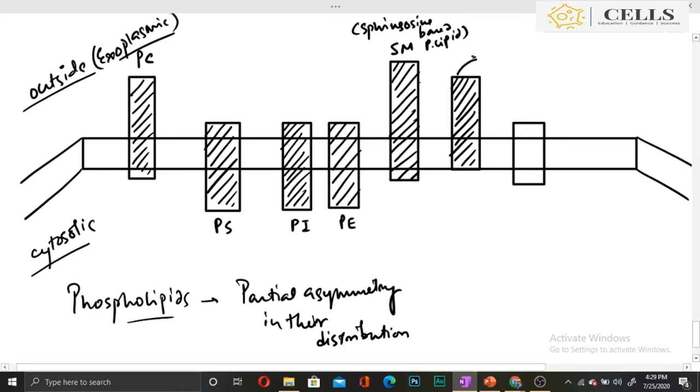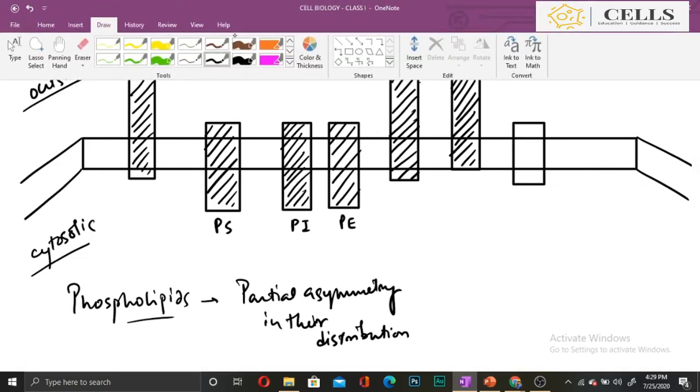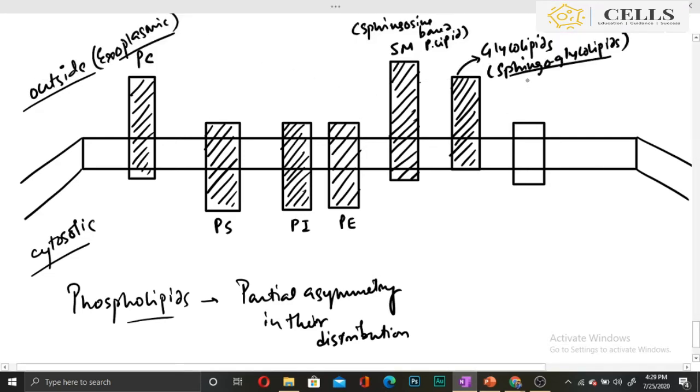This is nothing but the glycolipids, mainly the sphingosine based glycolipids. As they do not face any phase other than the exoplasmic phase, they have total asymmetry.